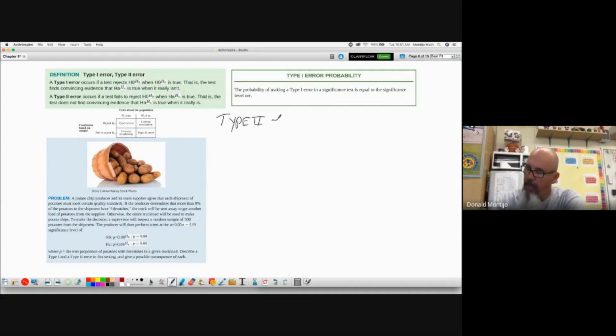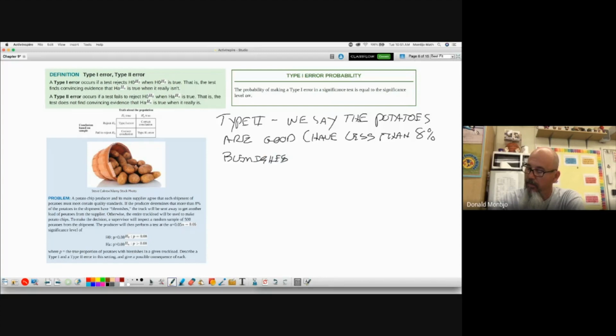Okay, so a type 2 error, we say the potatoes are good, meaning the potatoes have less than 8% blemishes, when in fact they had more than 8%.